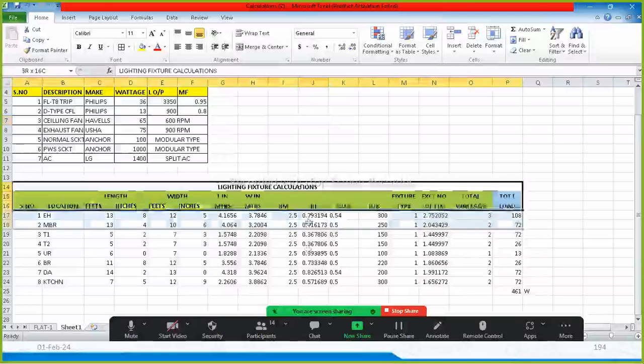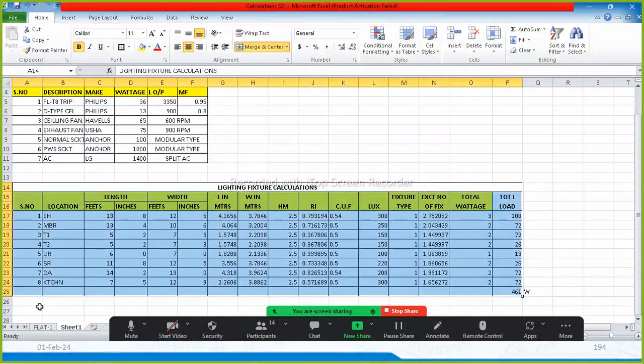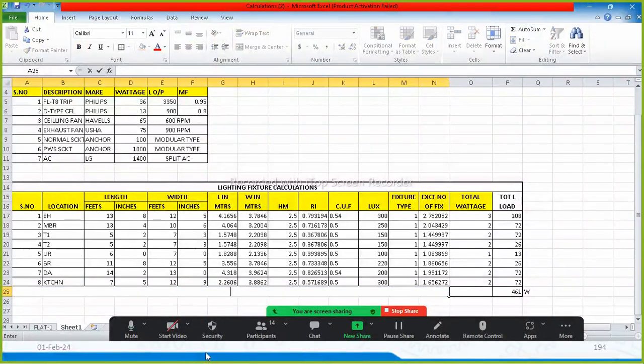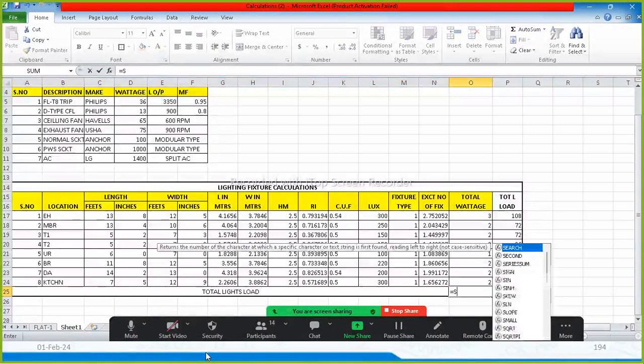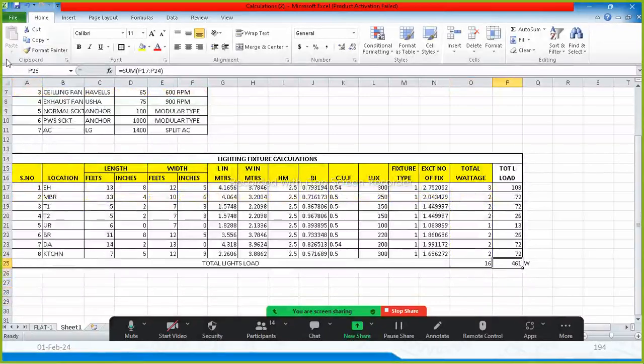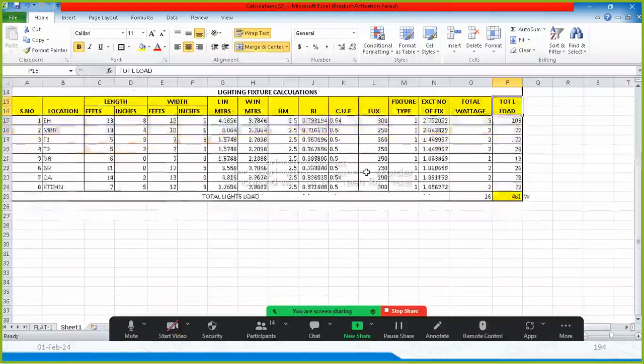Total lights load is equal to the sum of the total fixtures. Okay, so we got 461 as the wattage, and the total load is 461 for the lighting.